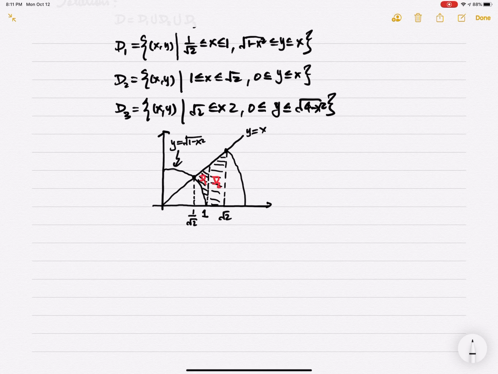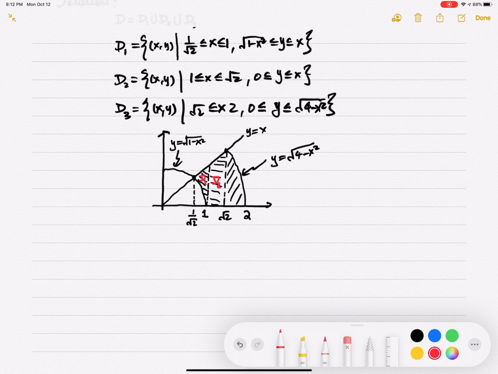So this one is y equal to root 4 minus x squared. And here this is a 2. And then we say that's D3.